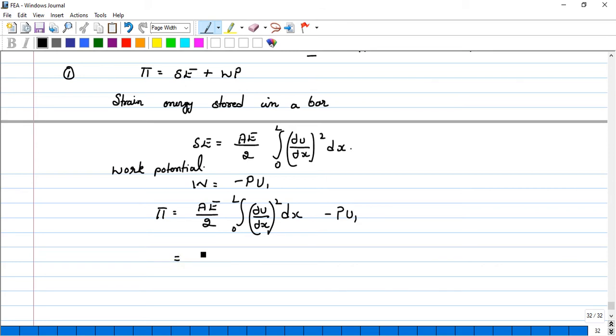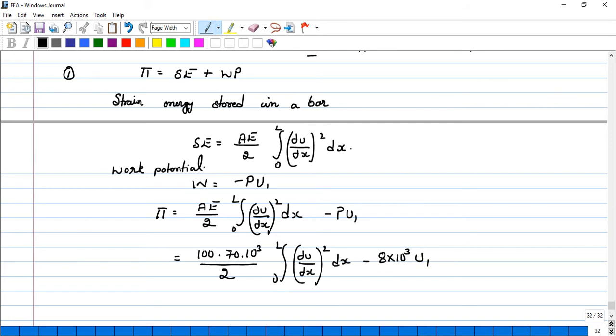Area is given by 100 millimeter square. E is given by 70 into 10 raised to 3 by 20. So 0 to L, we don't know what is ∂u/∂x. Let it be as it is, dx minus, we know the value of P, that is 8 into 10 raised to 3, and we don't know U1.